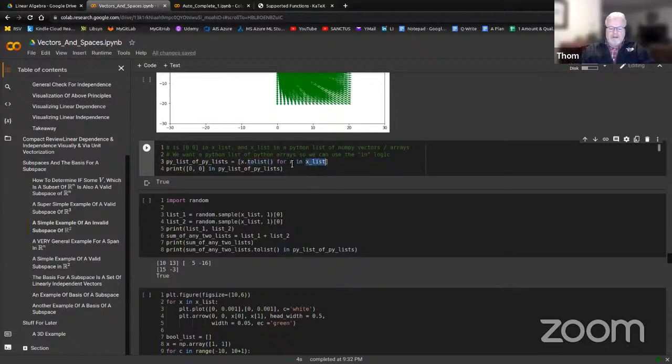But all I'm doing here is saying for every vector or array in the X list, let's turn it into a Python list, okay? And then I'm just asking, hey, is the 0 vector in this Python list of lists? And it says it is.